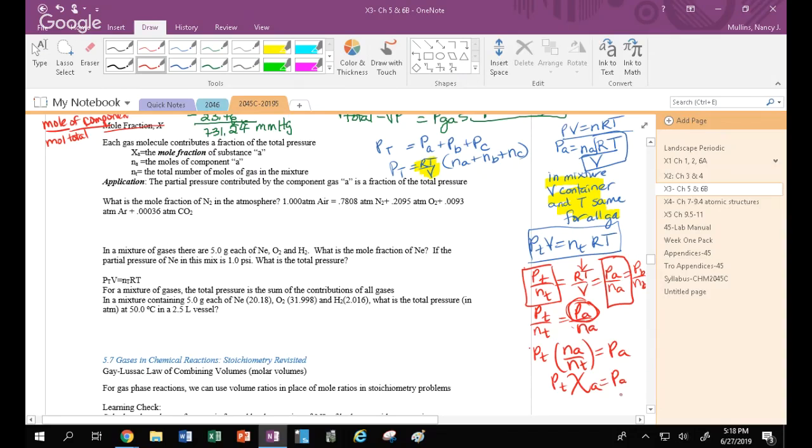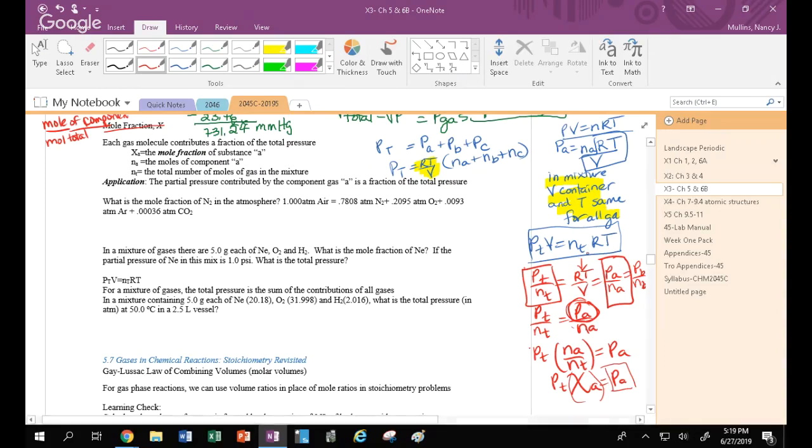But big picture, if I look at it really carefully, I'm saying the part of the pressure that is due to gas A is because gas A makes only a fraction of the moles of the total. Since gas A doesn't make up the entire mixture, since it's only a fraction of the entire mixture, it only contributes a fraction of the pressure.